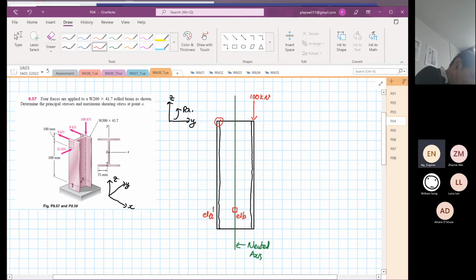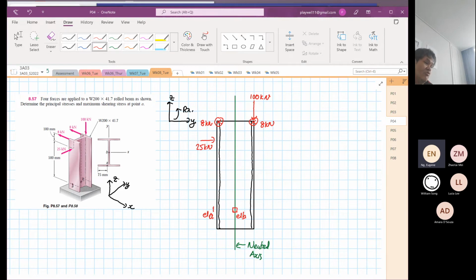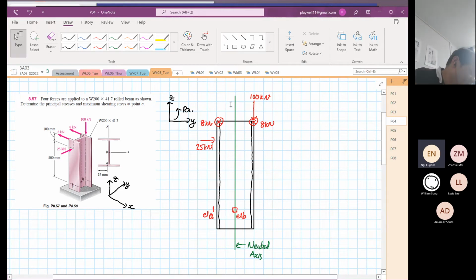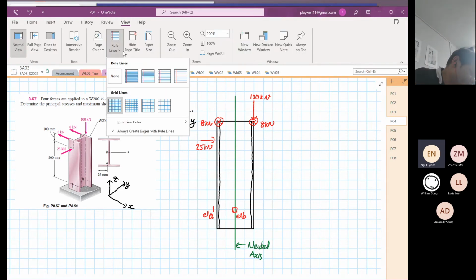You have 8 kilonewton. And then you have a 25 kilonewton. So let's deal with the difficult stuff first, so-called difficult, but it's not really difficult. I'll tell you what I mean.